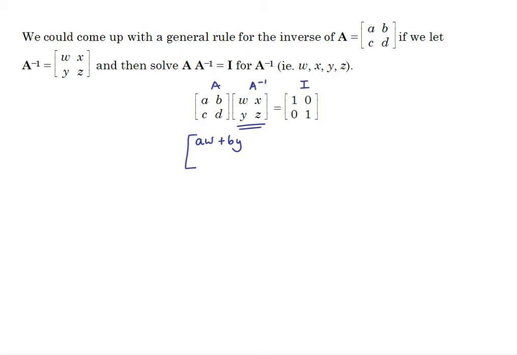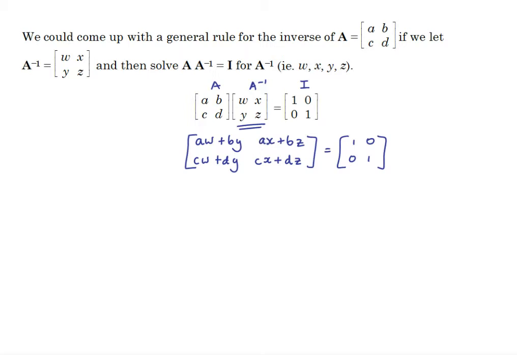So top row times right column, AX plus BZ. Bottom row times left column, CW plus DY. Bottom row times right column, CX plus DZ. And that is equal to 1001. So again, we can equate elements to form simultaneous equations here.